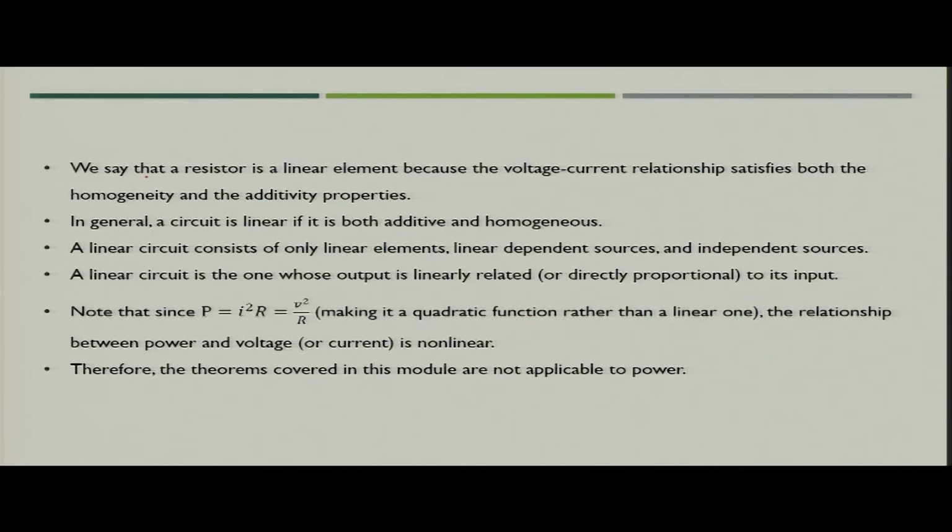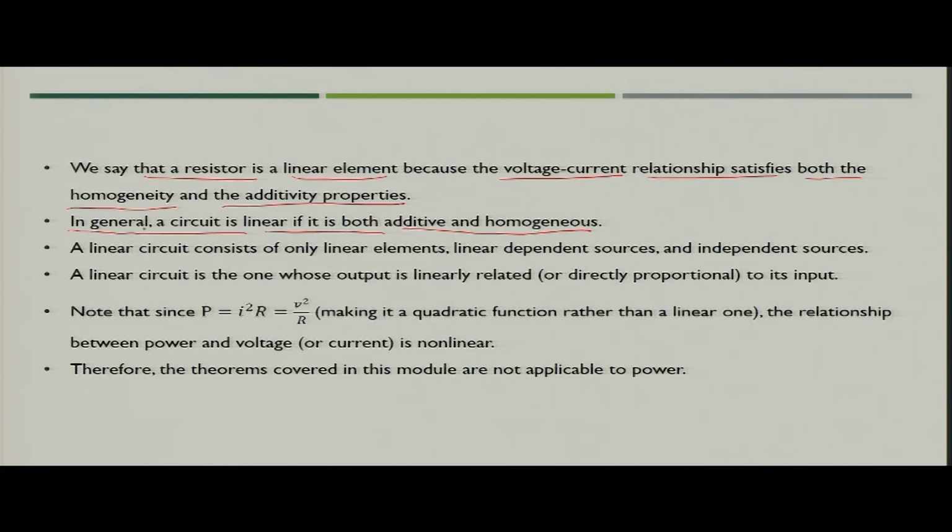Now, why do we say the resistor is a linear element? Because the voltage and current relationship of the resistor satisfies both the homogeneity and additivity properties. So, in general, we can say the circuit is linear if it is both additive and homogeneous.